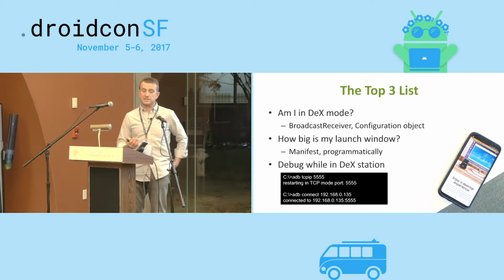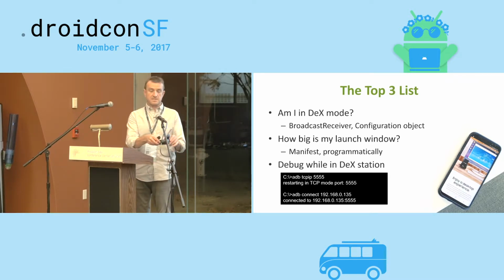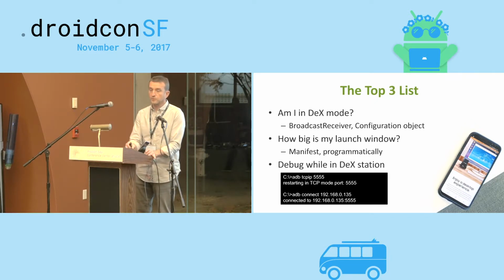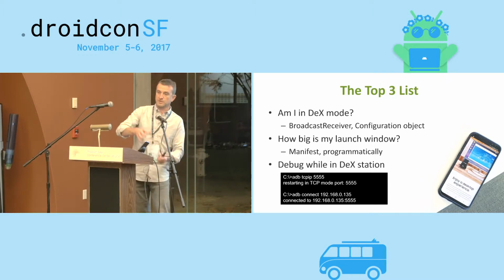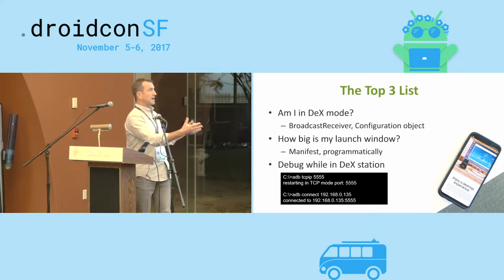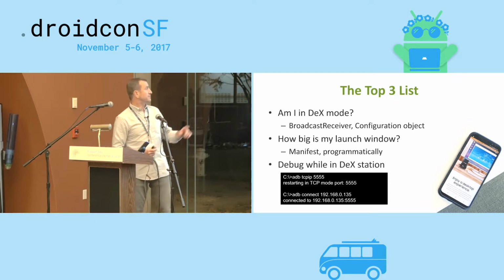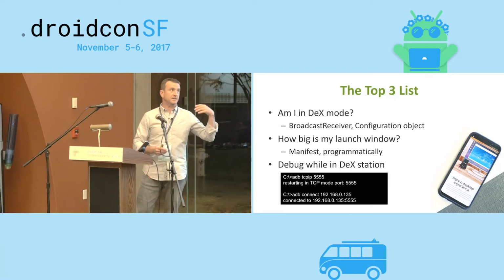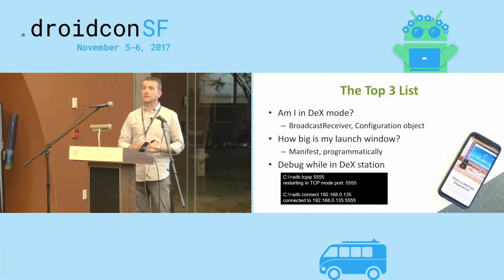Another question that comes up all the time is, this is the DeX station. As you can see, it's not plugged into your notebook. But if I want to debug, if I want to deploy my code from the notebook to this phone, do I have to unplug it, deploy the app, then plug it in to see how the app works in desktop mode? It would be the case if ADB didn't support deployment over Wi-Fi or Ethernet.